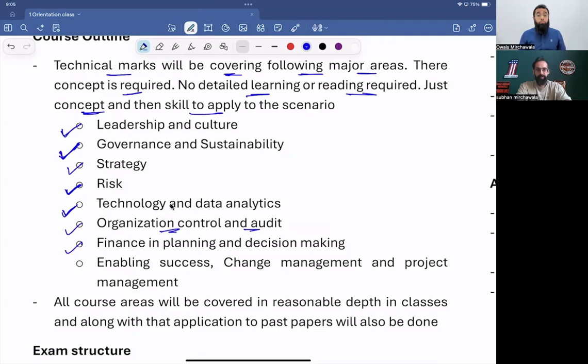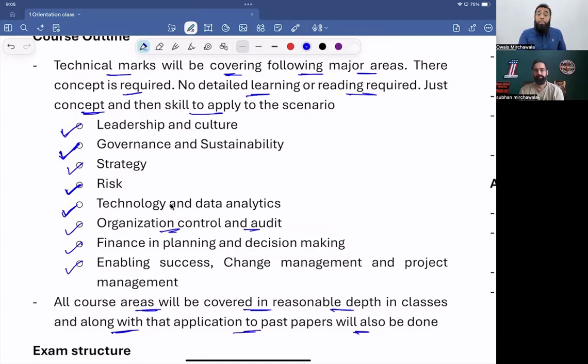Finance, like some project appraisals also, not just the detailed calculation of financial management, but obviously commenting on that. In this course, you will be studying the concepts of NPV, IRR, which you study in your FM. There will be ratio analysis, complete ratio commentary, and then change management, project management, and all. So all course areas will be covered in reasonable depth, along with their application to past papers.